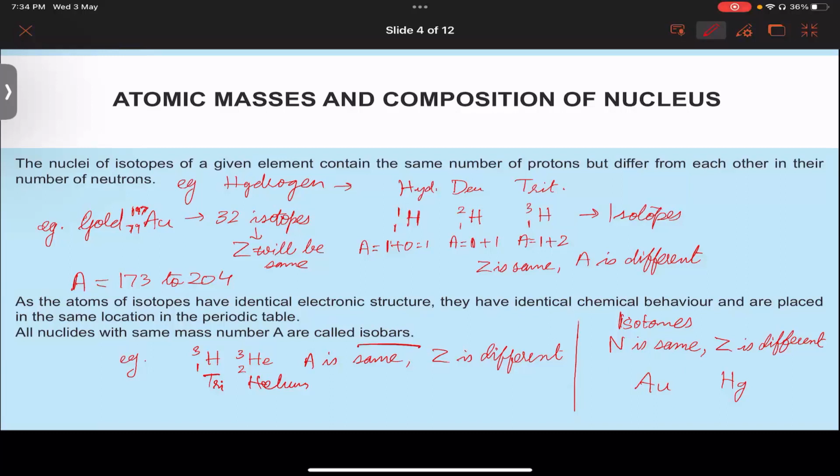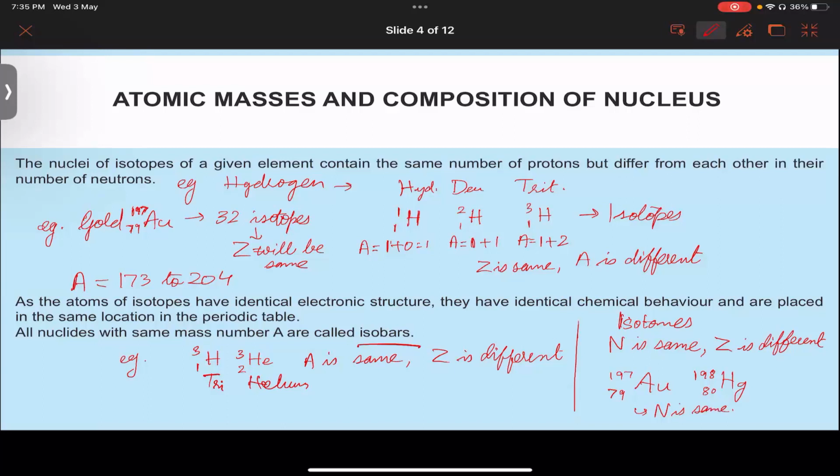Yes, Hg is mercury. So gold and mercury can be called isotones. How? They have the same number of neutrons, but their atomic number is different. Since the atomic number is different, their masses are also different, but the N is the same.